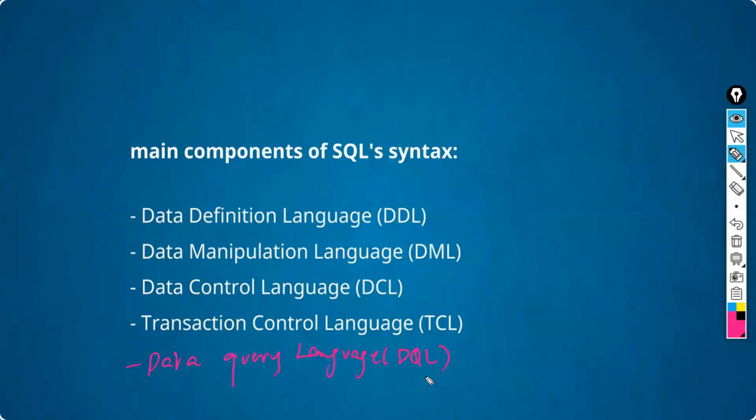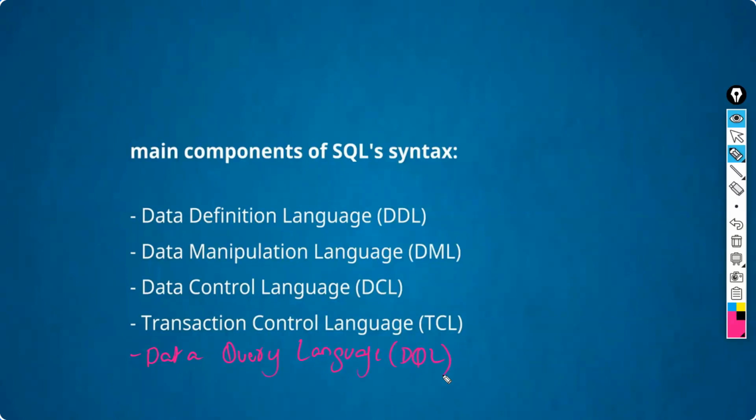Earlier we had only 4 languages. Recently the fifth one was added, 1 or 2 years back. The new one is data query language, DQL.